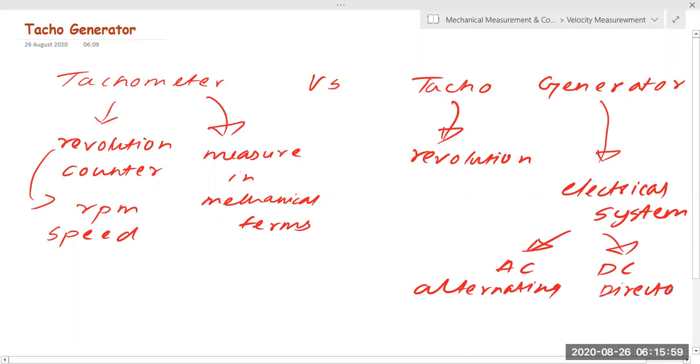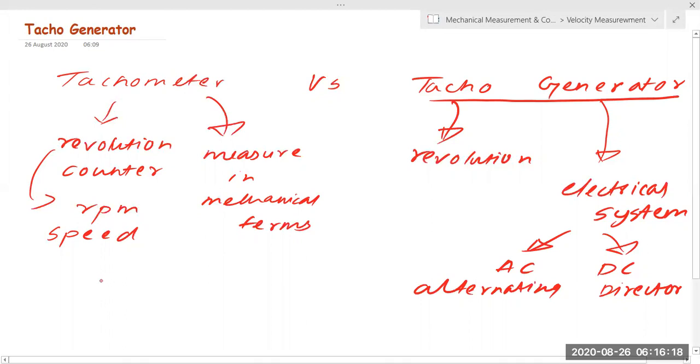So tachometer is a mechanical system, where we have already studied the fly ball tachometer and how a hand speed indicator works. And when we consider anything to be a tachogenerator, we should be very sure it is related to an electrical system which will measure the speed of the shaft.